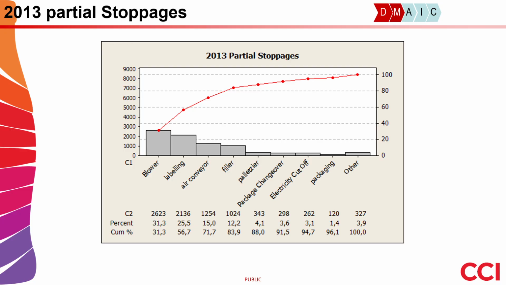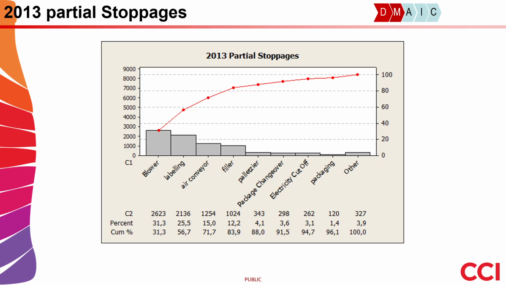Then filler, palletizer, changeover, package changeover, electricity stoppage, packaging material, and the others. Under the stoppages line, you can see the percentage of each stoppage against the total stoppage of that line. This shows that 31% of the stoppage is from blower, 25% from labeling, 15% from air conveyor, and filler has 12%, etc.